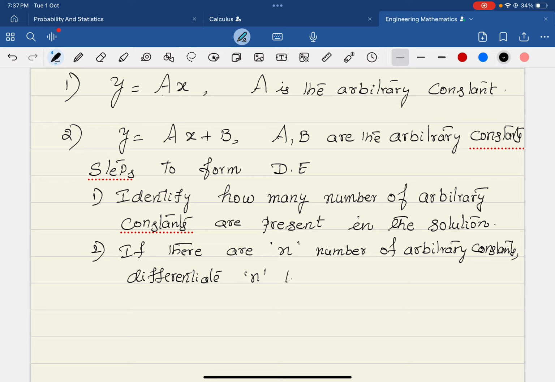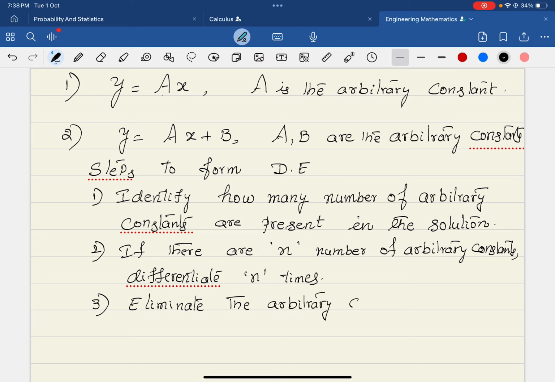This is the second step. So if there are two arbitrary constants, you have to differentiate 2 times; 3 arbitrary constants, differentiate 3 times, like that. Once after differentiating, our job is to eliminate the arbitrary constants.